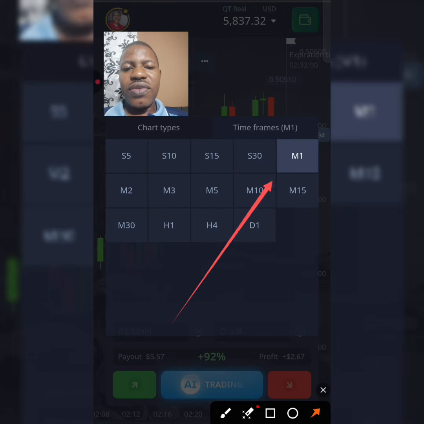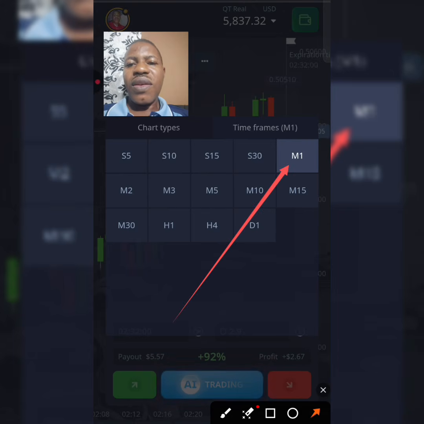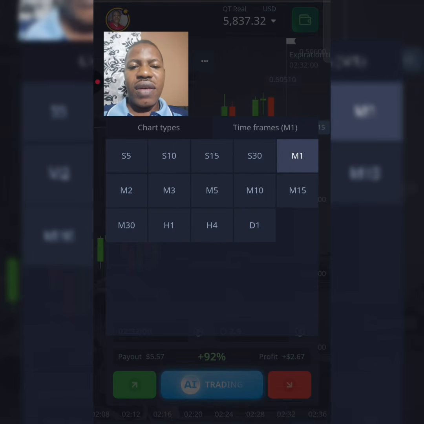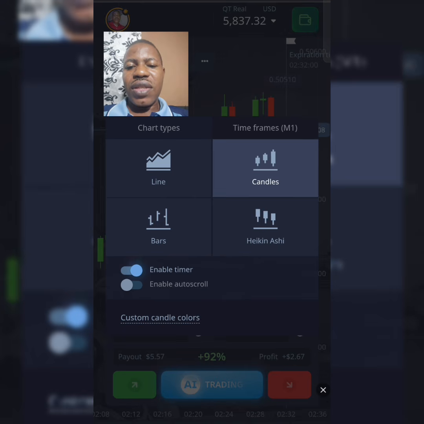Of course, the time frame, make sure you're using 1 minute. You can use 30 seconds, which is S30. You can use 2 minutes, you can use 5 minutes, whatever you like. But just make sure the time frame of the candle is the same as the trade expiration time. So I'm using 1 minute candlestick and 1 minute trade expiration. Also ensure that the enable timer is turned on.